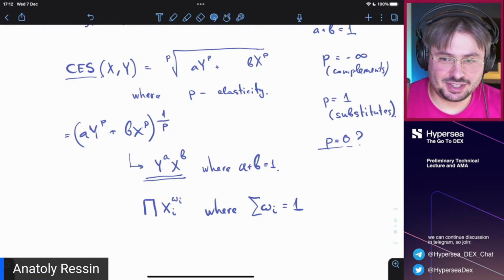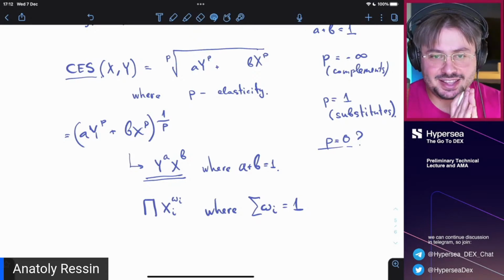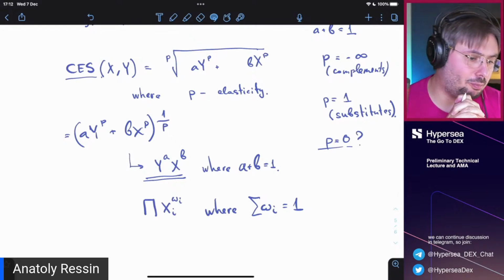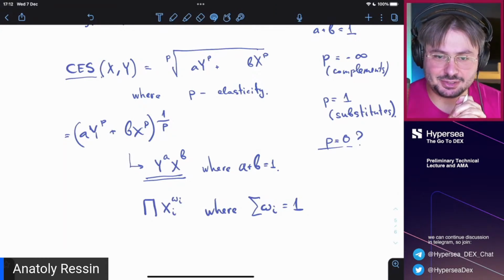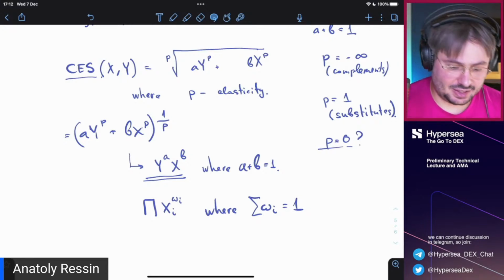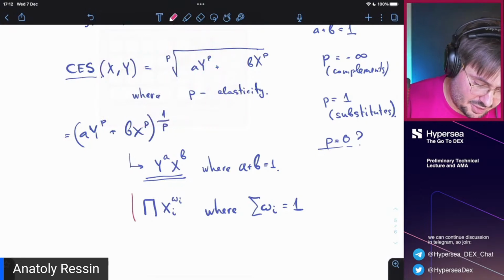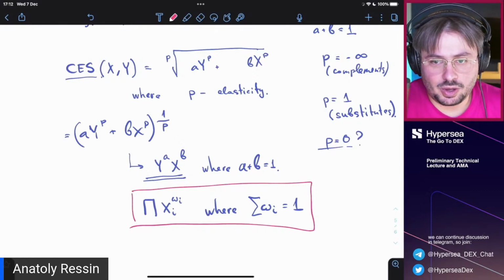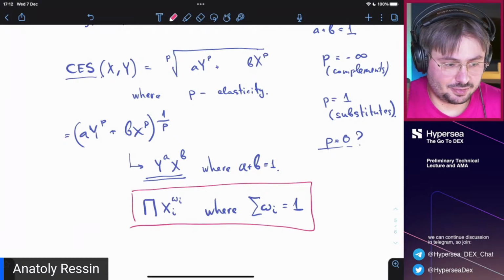I don't think that many users are using it, but many users heard about this decentralized finance protocol that is using this particular formula. That is just one particular case of the CES formula.